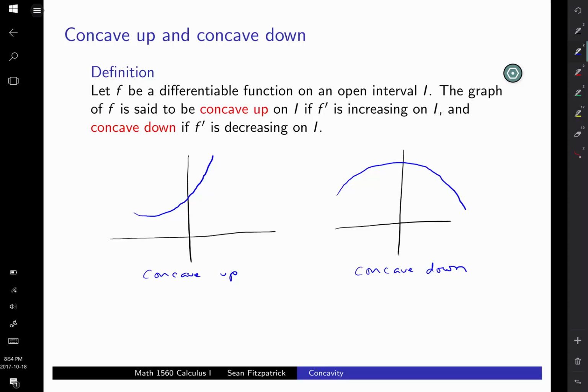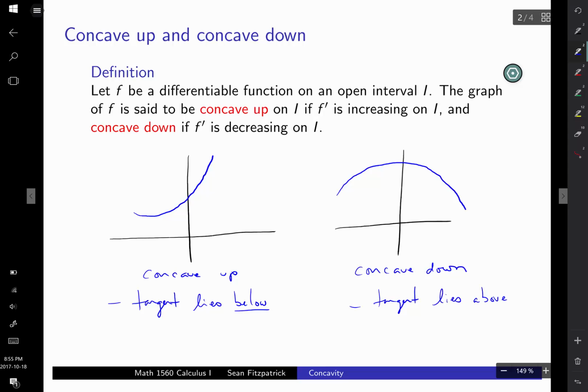Okay. So these are the two pictures that you have in mind when you think of concave up, concave down. The other way of characterizing concavity is that whenever your graph is concave up, the tangent line always lies below the graph. And for concave down, the tangent line at any point lies above. And we can see that in these pictures.